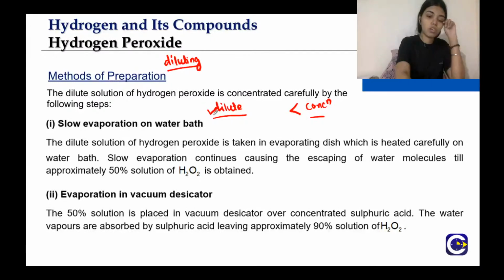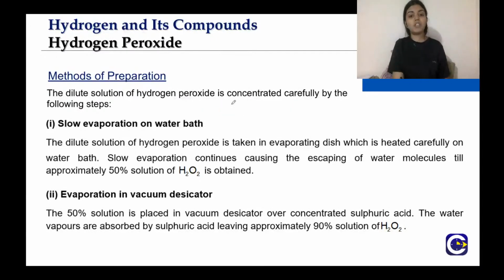So from the dilute solution of peroxide, we want to prepare a concentrated one.